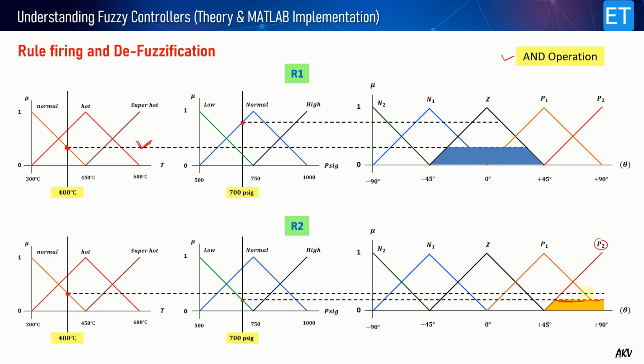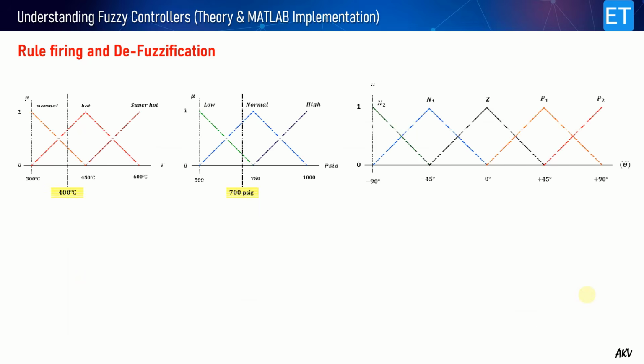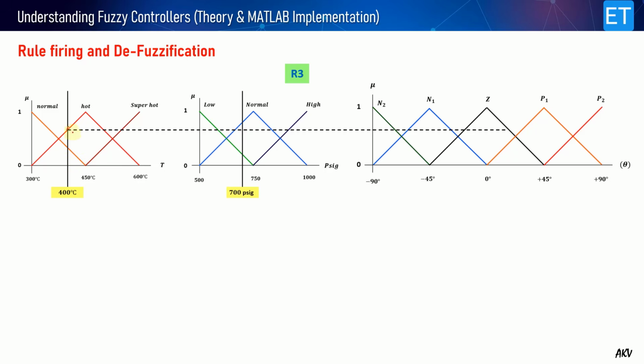Now 2 more are remaining, rule 3 and 4. So let's come to rule 3. When temperature is hot, that is a hot intersection point, and the pressure is normal, your output is Z from that table which we have already discussed, and because of the AND operation we'll highlight the minimum area under the Z. So rule 3 is complete.